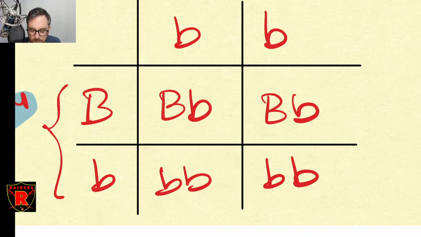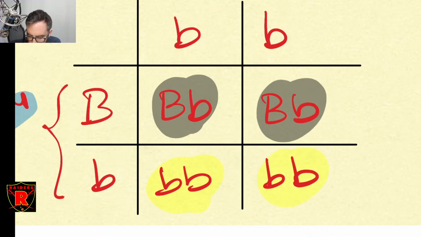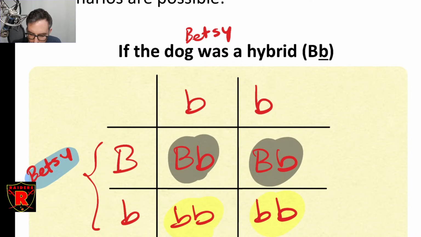And if you look at the phenotypes of this, big B, little b is going to make black, but 50% of the time, you're going to make blonde. So if any of the dogs come out blonde when you breed them, then you know for sure that the dog that you started with is a hybrid, in other words, not useful for pure breeding.